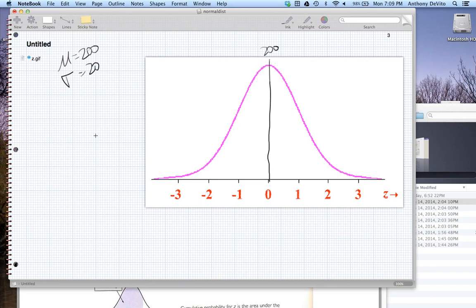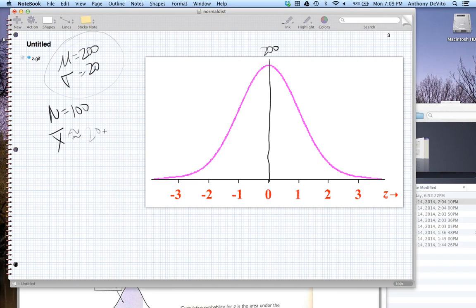Now let's say for a moment that we were going to take a sample of size 100 from this population. And we were going to find the mean of that sample of size 100. We're going to call that X bar instead of calling it X. Well, we would expect that that mean is going to approximate the population mean.